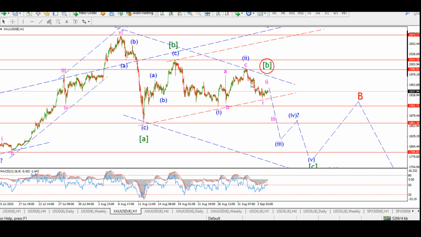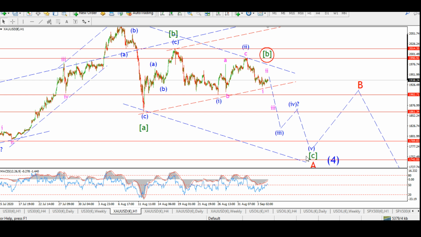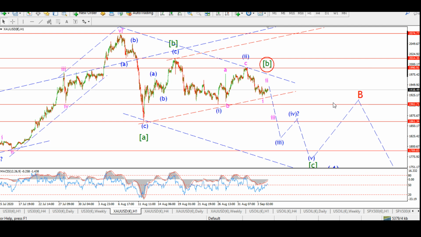So if we have 5 waves down and we get 3 waves up, well then we're probably going to reach lower again into a C wave in 5 waves, and I would suggest that we're going to break 1800 at least in that C wave down, possibly down as far as 1750 or something, before we can start looking for a rally again.